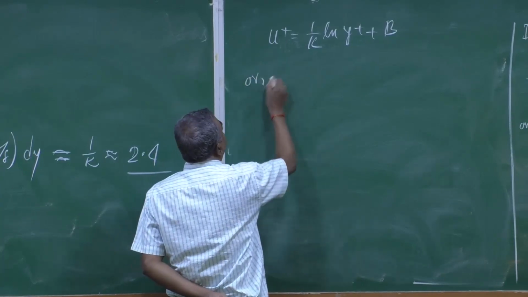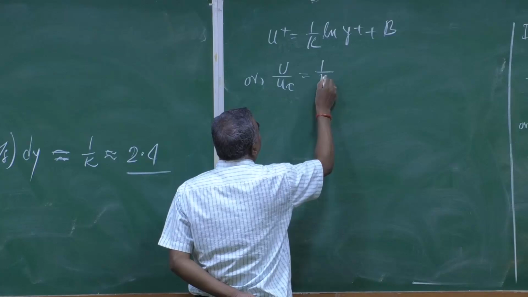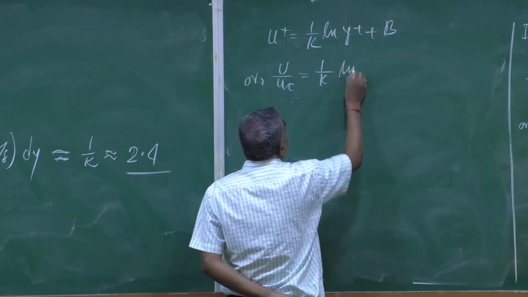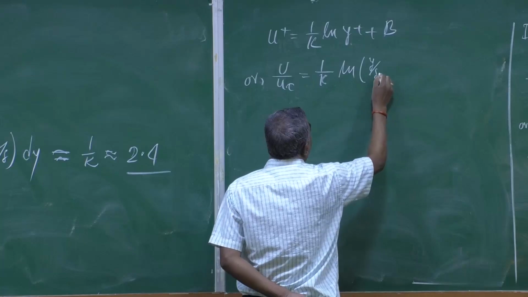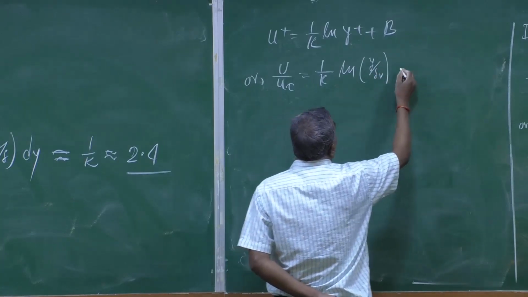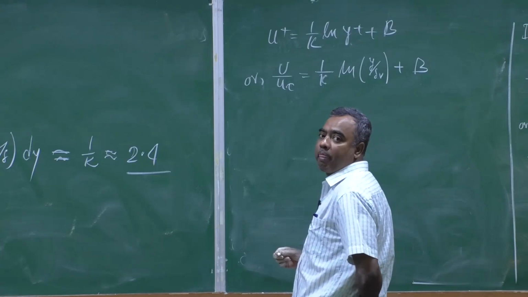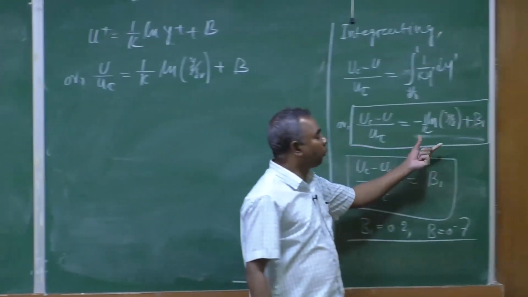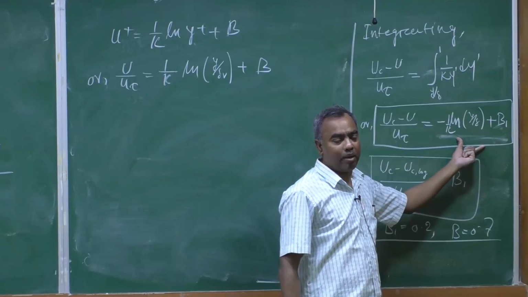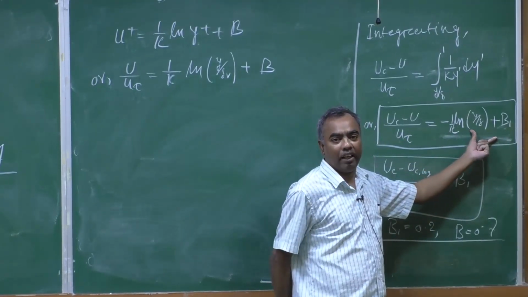Or this can be written as u by u tau is equal to 1 by kappa ln y u tau by nu, that is, y plus, plus b. On the other hand, this equation is also valid, that is what we have argued. So, this equation is also valid in the overlap layer.